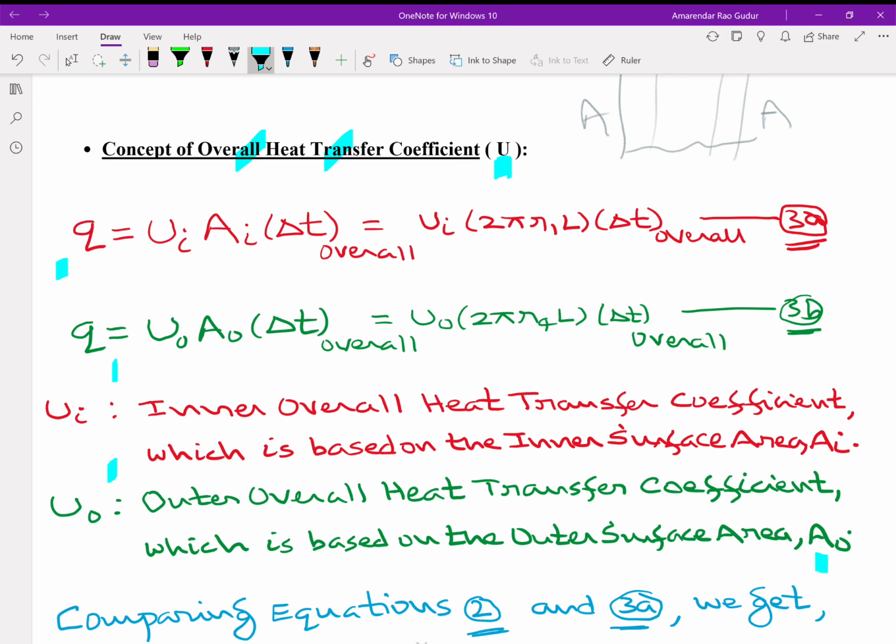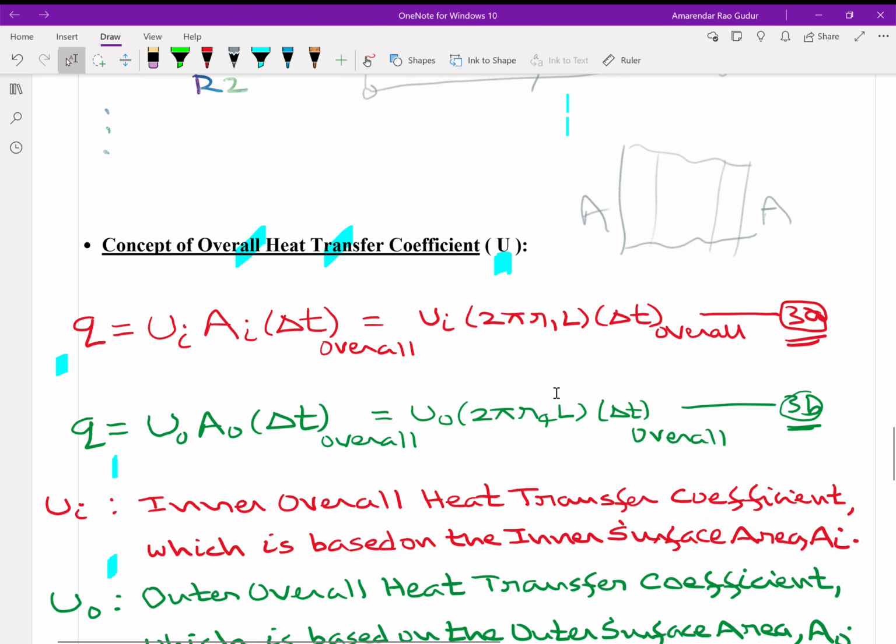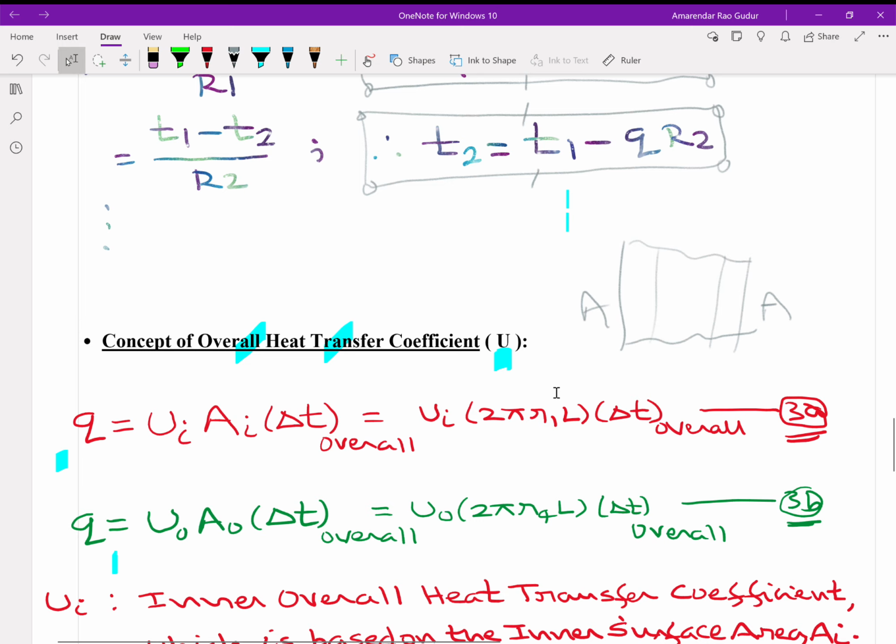A little consideration shows that Ui and U naught are dependent variables, which means that when you compare equations 3a and 3b, we get that R1 Ui is equal to R4 U naught, because 2 pi L del T overall is common everywhere.